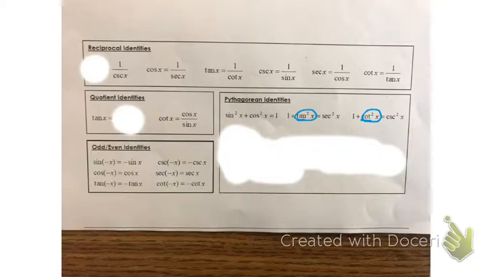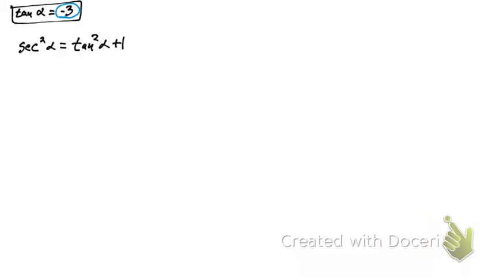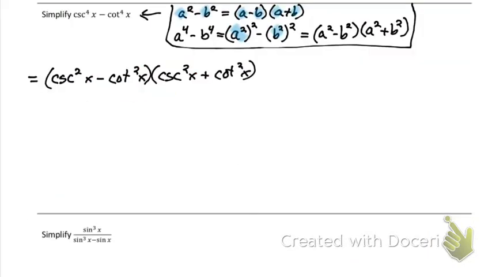We're looking for cosecant and cotangent, and that one is right here: 1 plus cotangent squared equals cosecant squared.